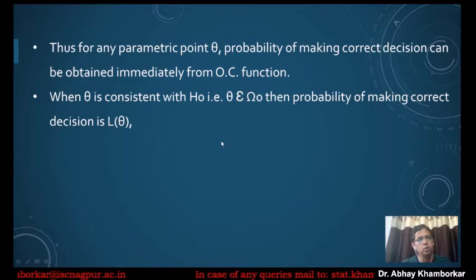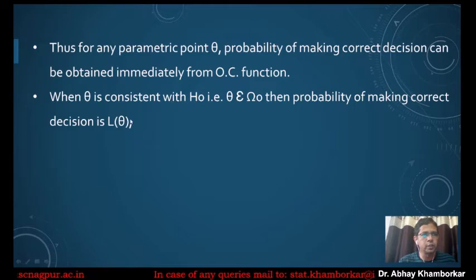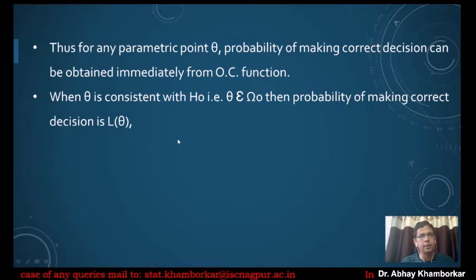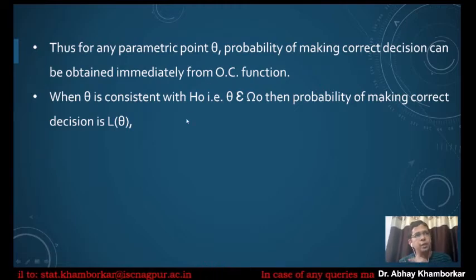h naught. So in other words, when I write down a statement for this situation, the situation is when theta is consistent with h naught and L theta is nothing but probability of accepting the hypothesis h naught. अगर ये दोनों situation को मैं combine करता हूँ, then I will have a probability that the hypothesis h naught is accepted when hypothesis h naught is true, and that is nothing but the probability of making a correct decision.